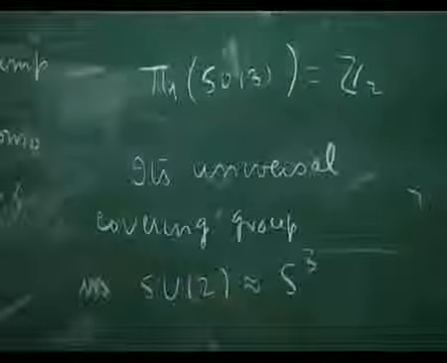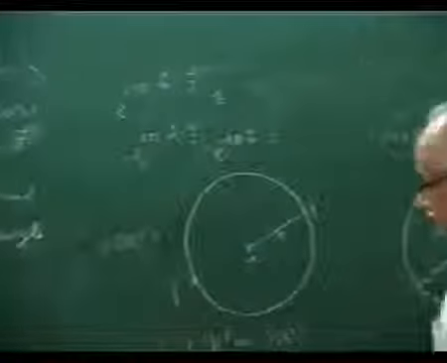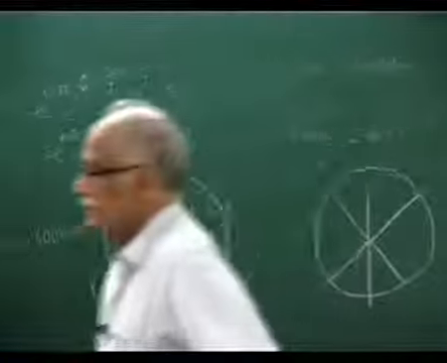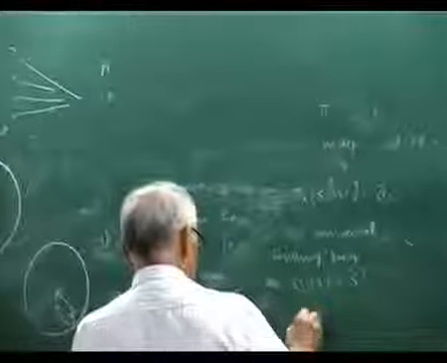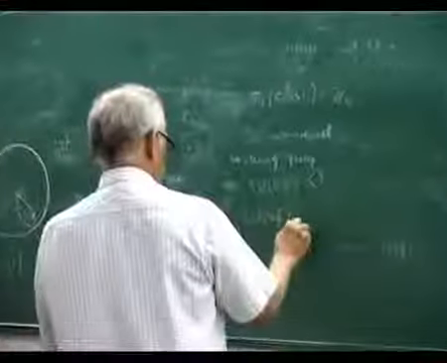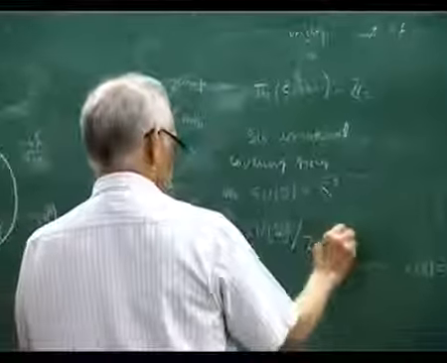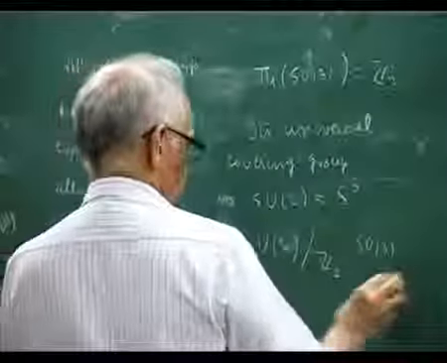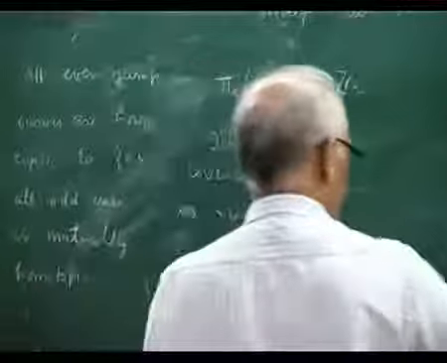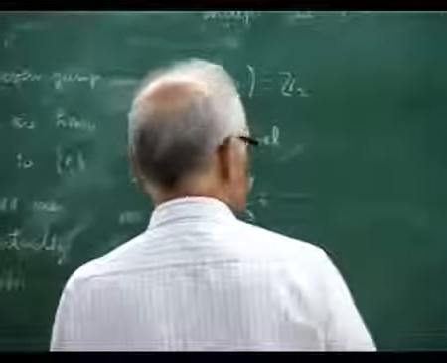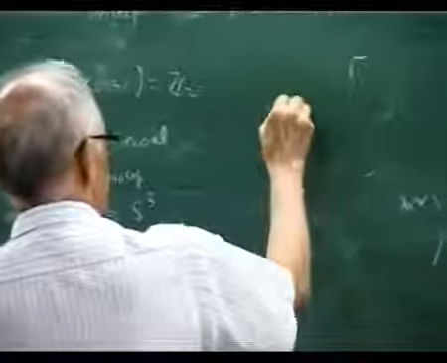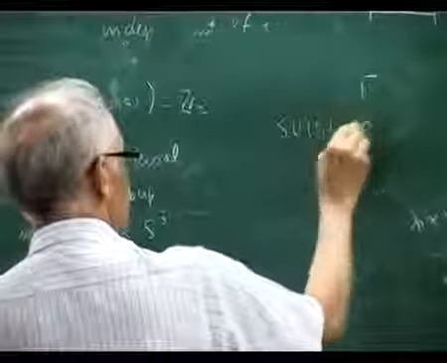When in the RP3 picture I was identifying these 2 points, you remove that identification, and you get S3, the whole sphere. Then we also know that SU2 modded by Z2 is SO3. We saw this many times. And SU2 is simply connected.